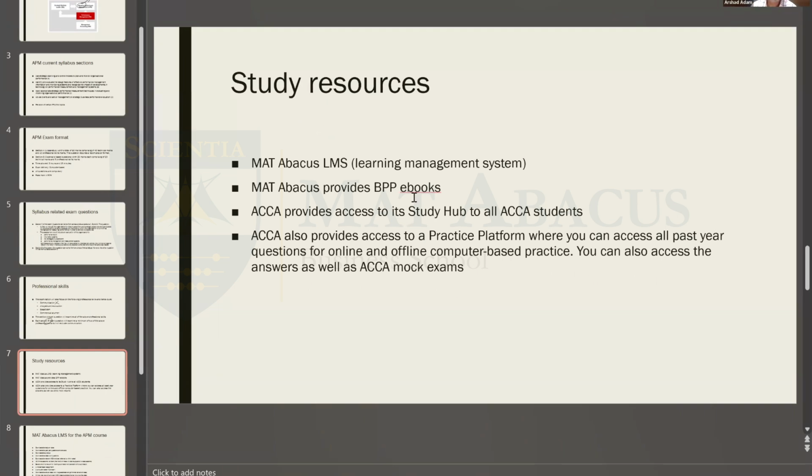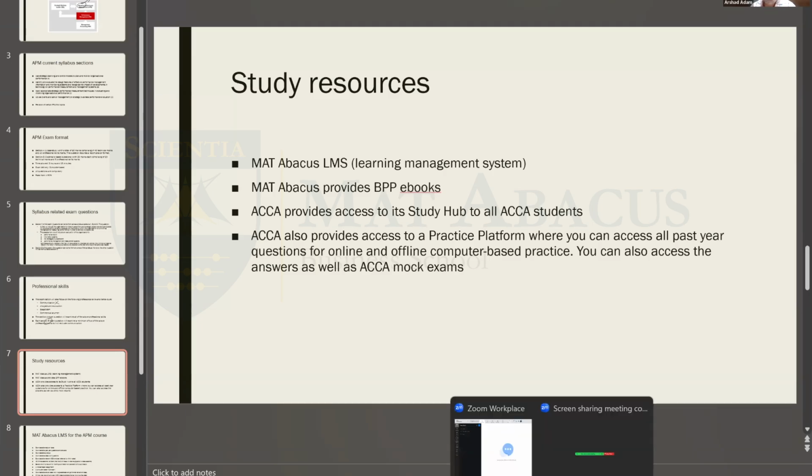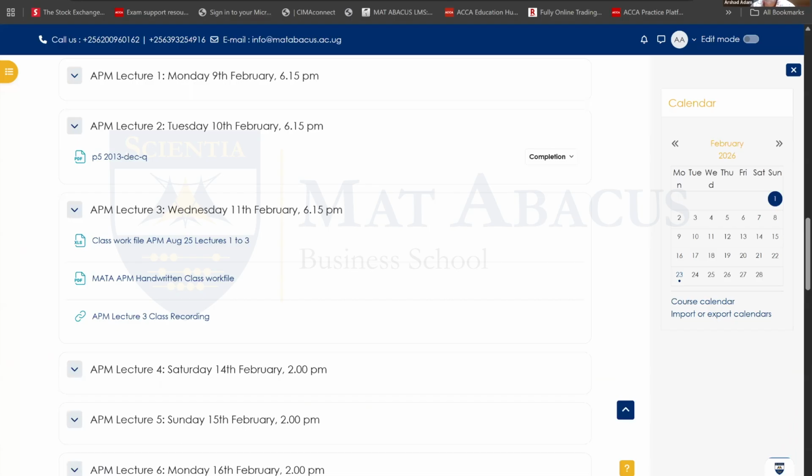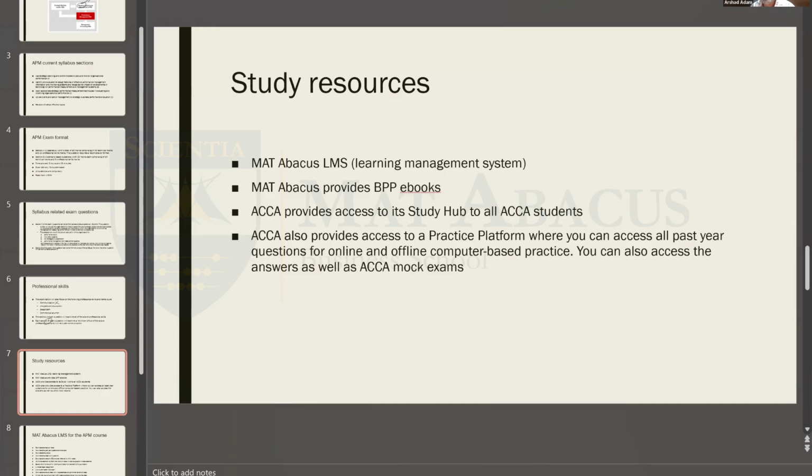We give you the BPP ebook, we give you the LMS, and I also give you all the past year exams and answers from ACCA. So the study hub could be too much information for you.